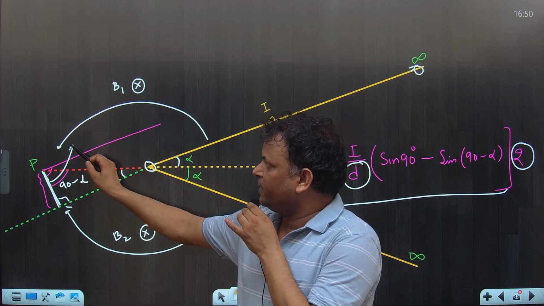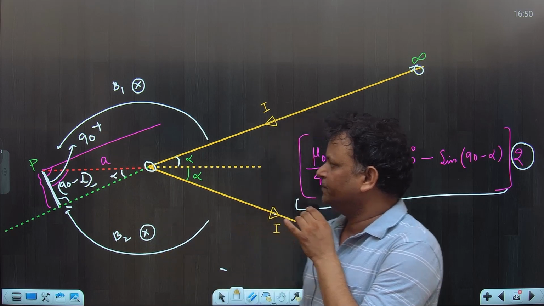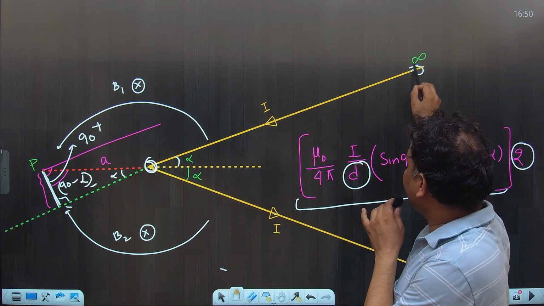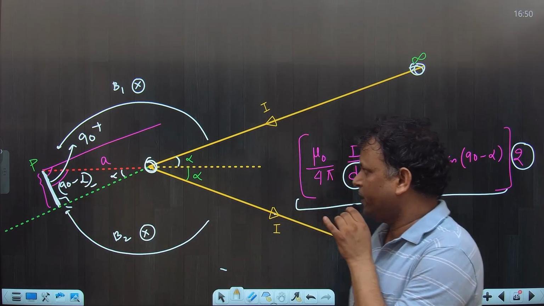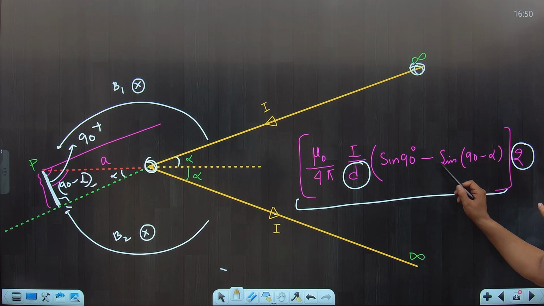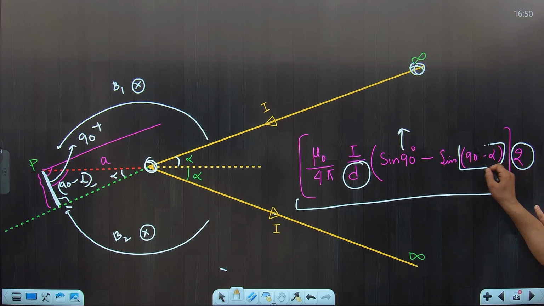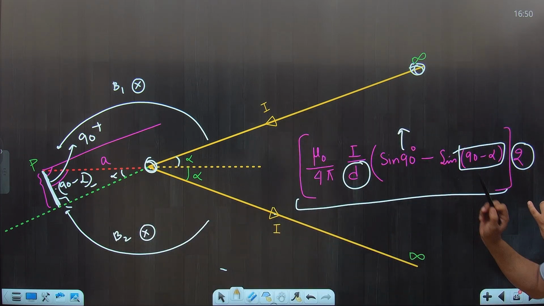So if 90 degrees is positive, then 90 minus alpha is negative, right? Because both ends are on the same side of the perpendicular. So you will write alpha as 90 degrees and beta as 90 minus alpha, but it has been taken negative.